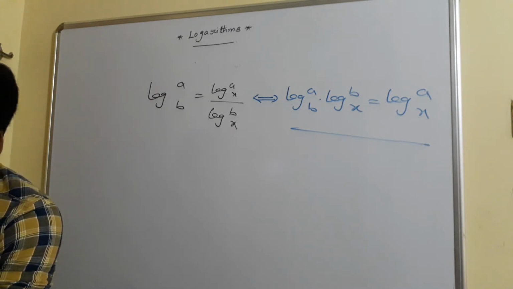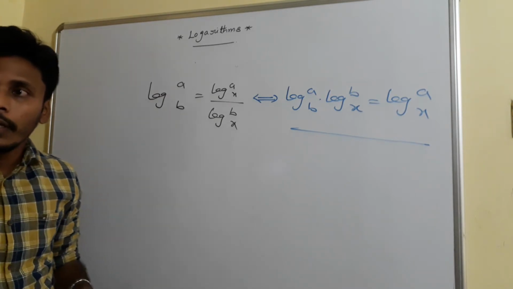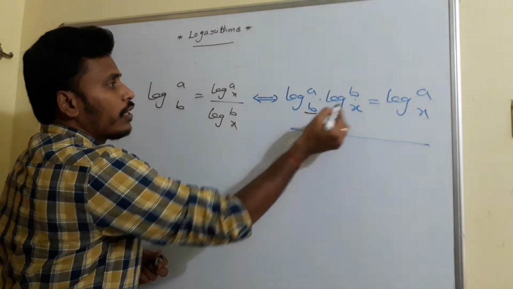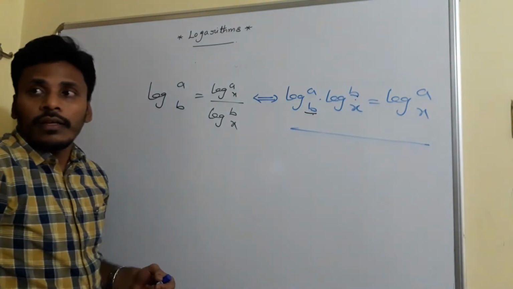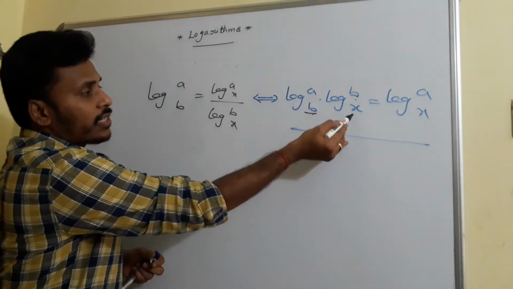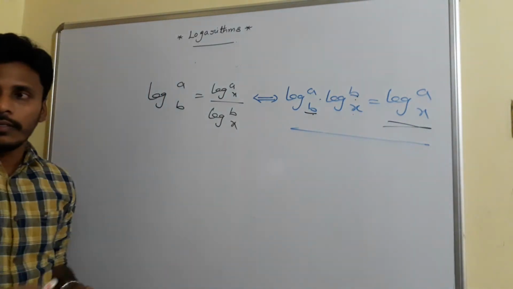What is it suggesting? This b and that b are the same. If they are the same, then this becomes the logarithm of a base x. That is the law.